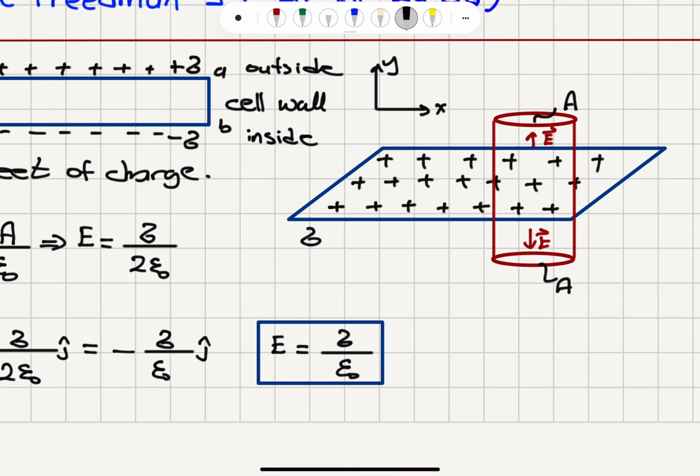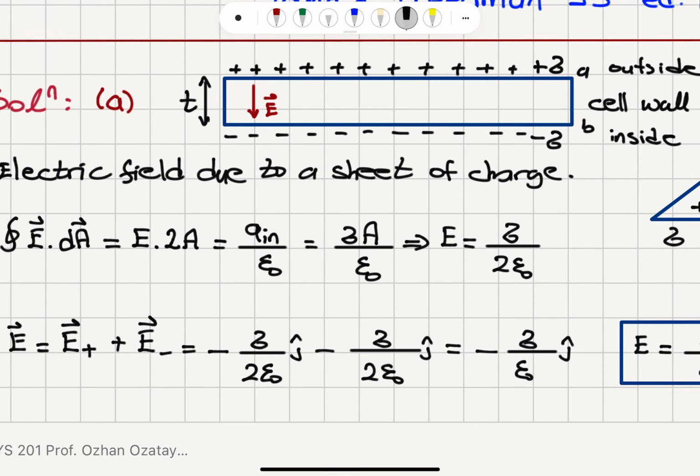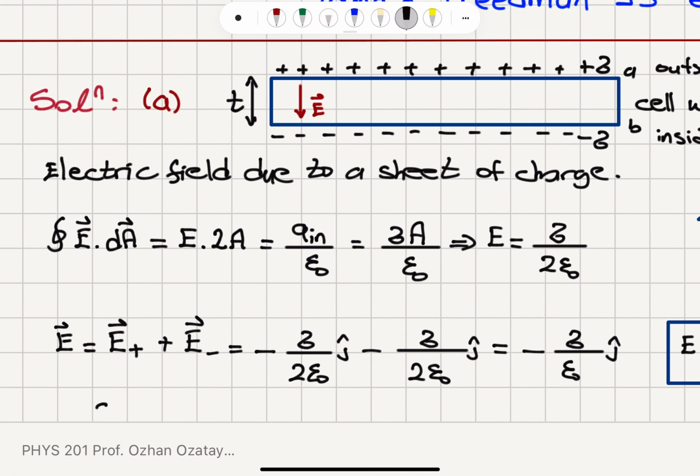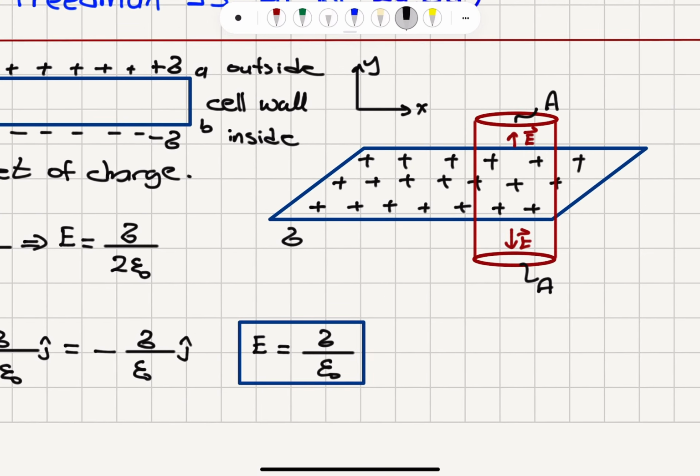And if we substitute the numbers here, first of all, we need to note that epsilon 0, the permittivity of free space, is equal to 8.854 times 10 to the minus 12 coulomb square over newton meter square. And remember that the surface charge density was given in the problem statement as 0.5 times 10 to the minus 3.